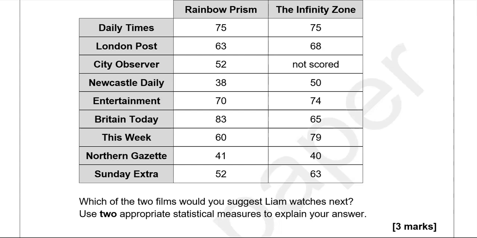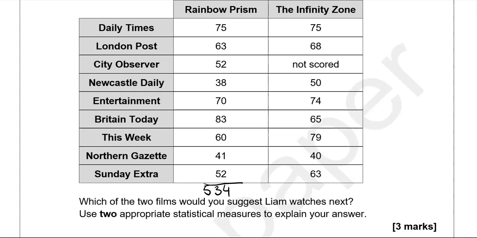I'm going to look at the mean and the range. So it gives us an average score as well as how much variation there is in terms of the scores. So what I'm going to do, I'm going to add all of these together using a calculator, which gives us 534.